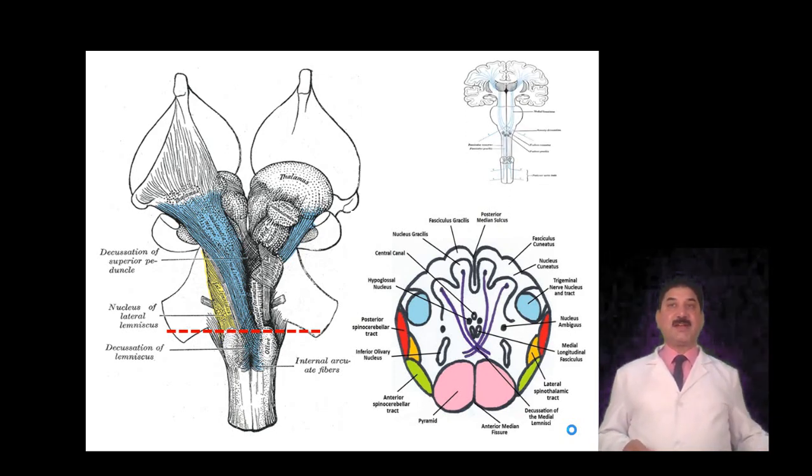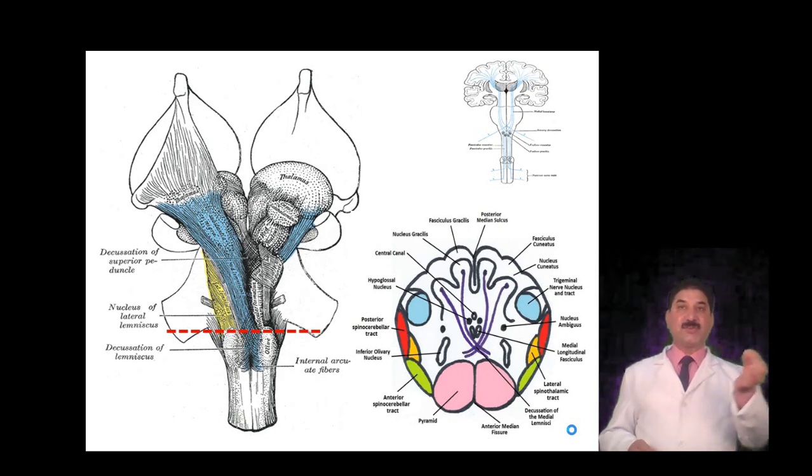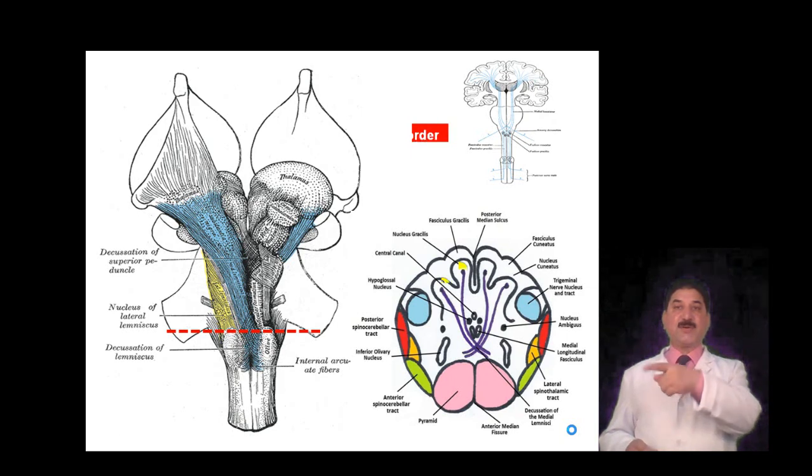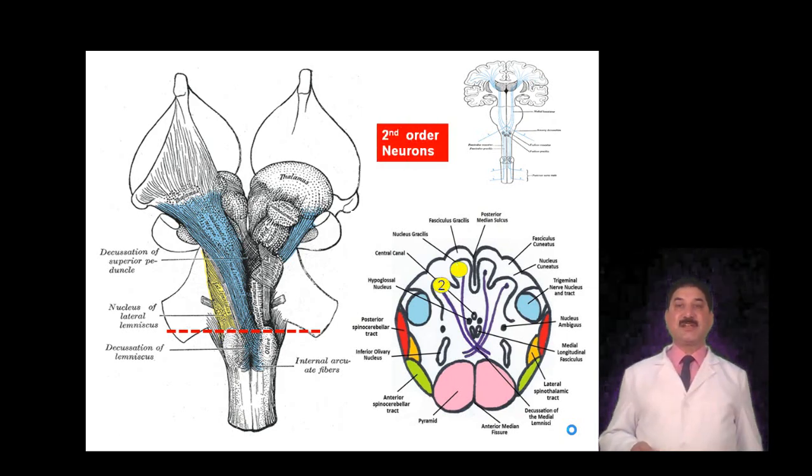Now those ascending tracts which started their origin from the dorsal root ganglion then reached nucleus gracilis and nucleus cuneatus of the medulla, which contain second order neurons. From there, fibers originate. The fibers originating from second order neurons are called internal arcuate fibers. Now these fibers form the medial lemniscus and they cross at the level of sensory decussation.